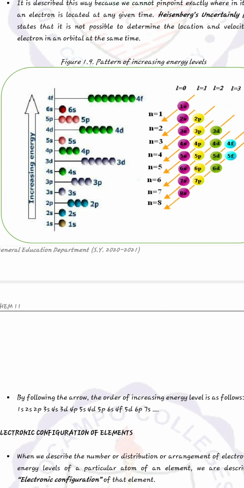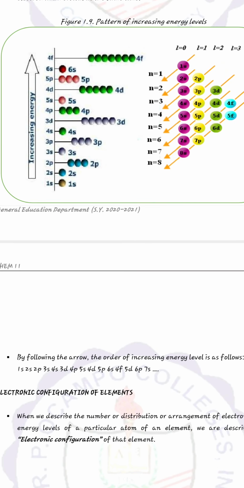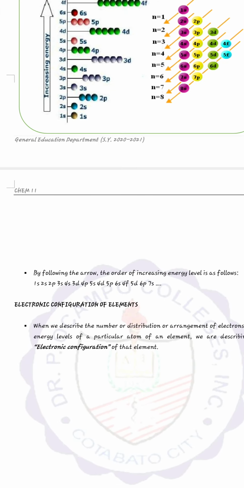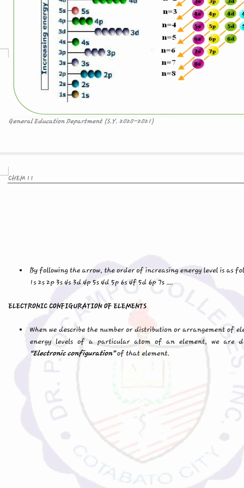So let's look at this one. I know you already know how to get the electronic configuration kasi some of you are STEM. So it is actually a recall, a review of yours. This is the proper enumeration, the pattern.